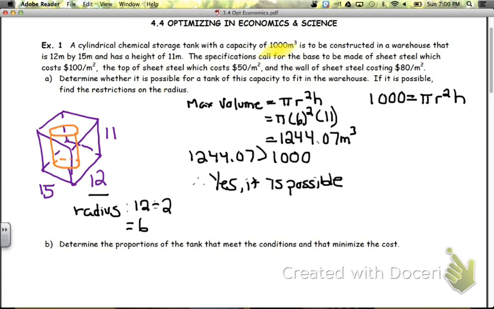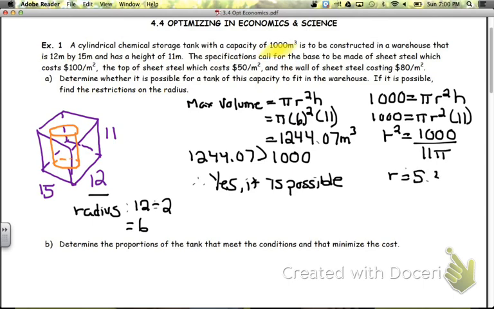Our height isn't going to change, and we're trying to find the restrictions on the radius, so we can sub in 11 for our height, because that is the height of our warehouse. What we get is that our radius squared is equal to 1,000 divided by 11 pi. When we do our calculations, we get that our radius is approximately 5.38 meters.